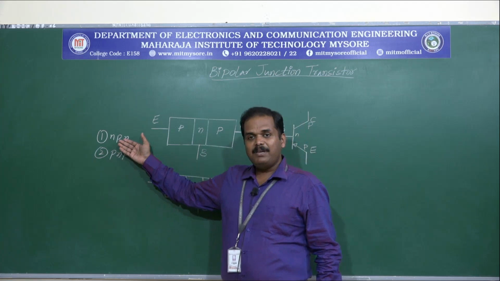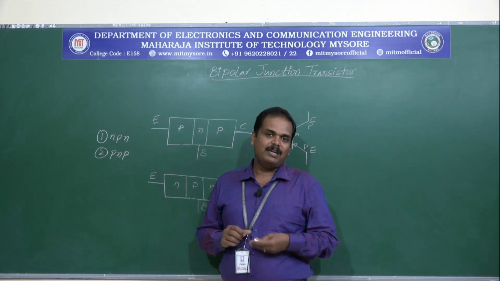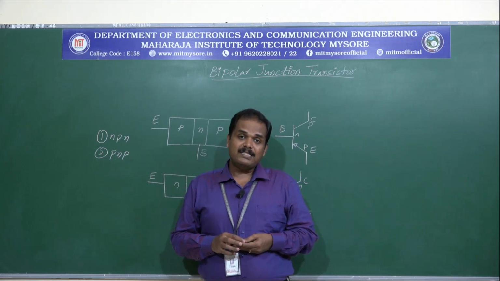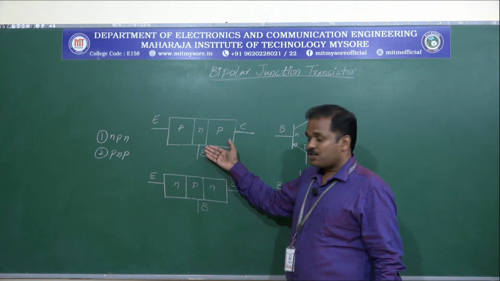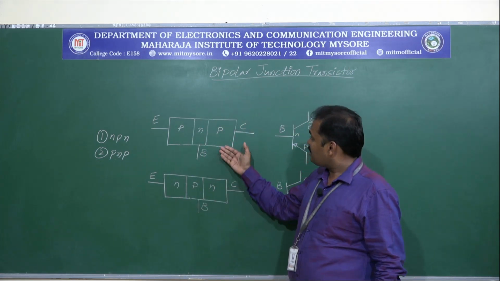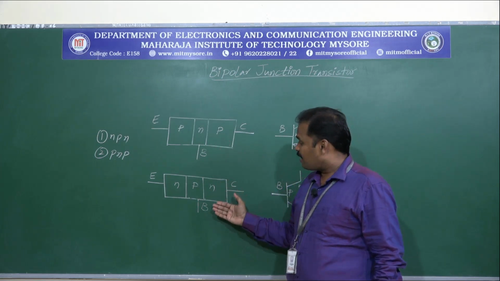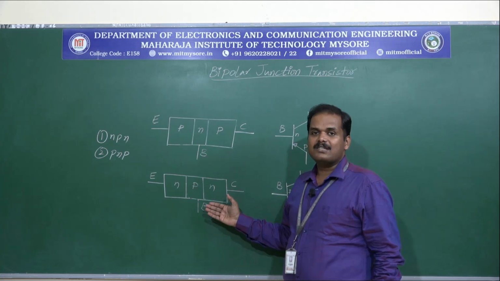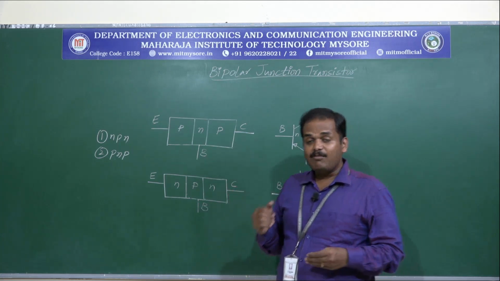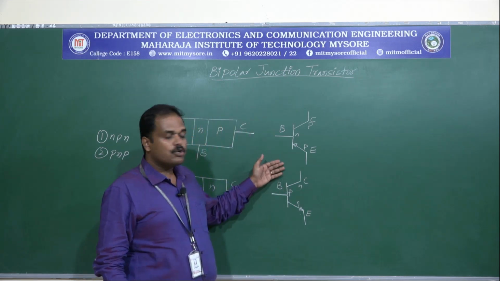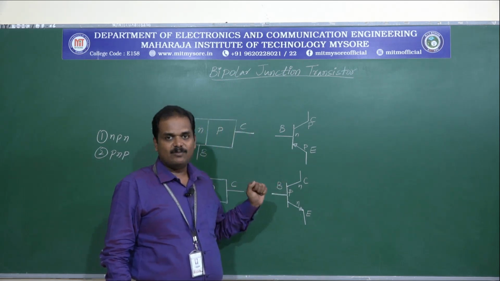One is NPN, another one is PNP BJT. And the structure of the BJTs is shown in these figures. This is how a PNP transistor looks, and this is how an NPN transistor looks. And the symbols of NPN and PNP transistors are shown in these diagrams.